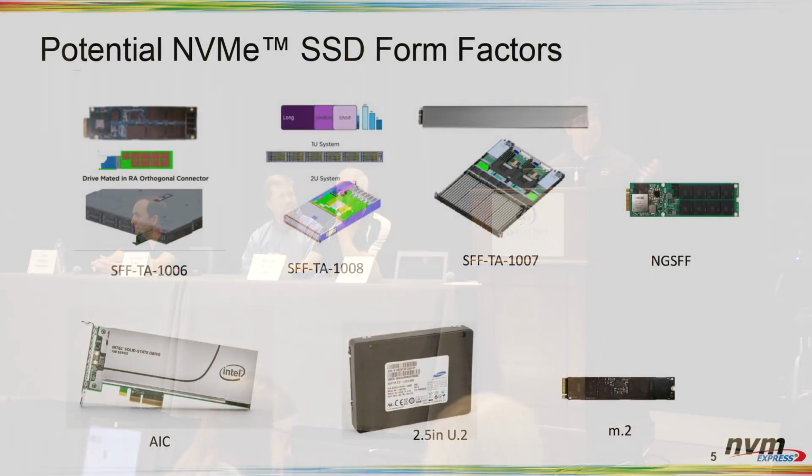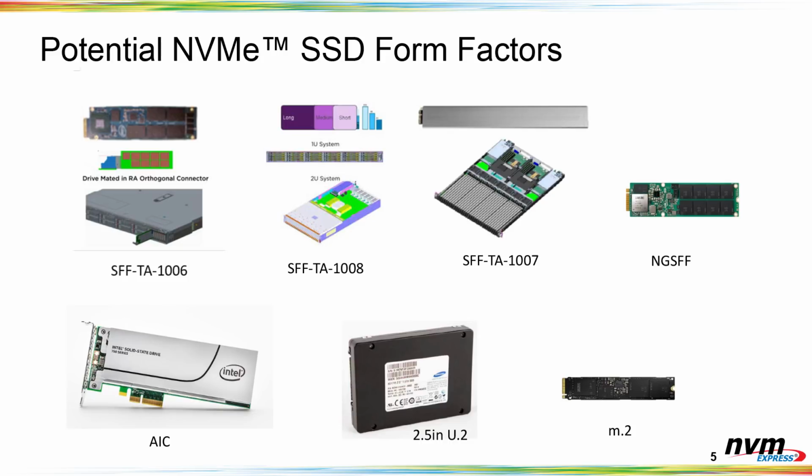So given that the barrier to entry for SSDs is really quite low, and I'm not counting the firmware in this, I'm just counting putting the chips down on a board and packaging it up, it's really not that difficult to come up with a new form factor. Hence, we have lots of form factors floating around now.